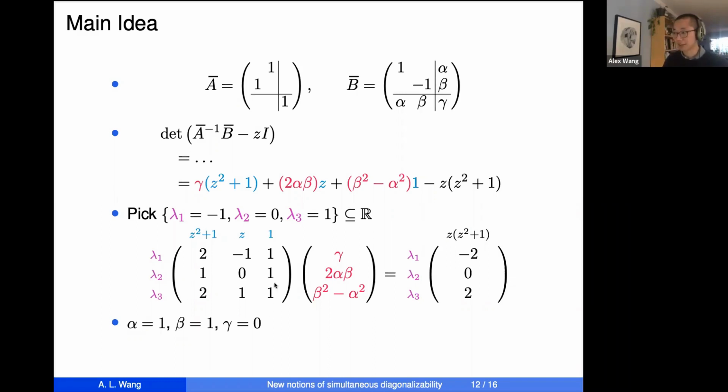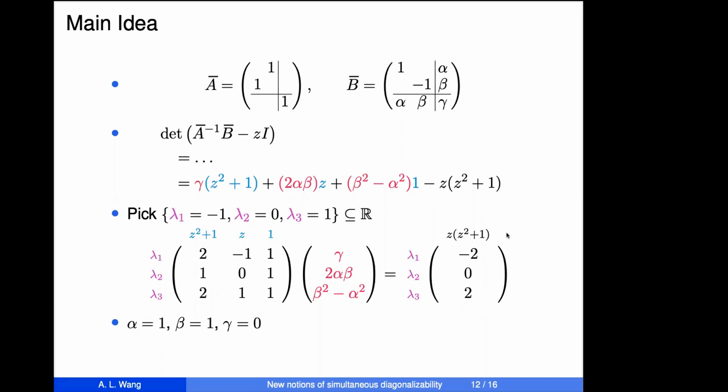This matrix here on the left, I'm indexing by lambda i's. These are the prescribed eigenvalues and these polynomials, and each entry is the evaluation of the blue polynomial at the pink point. Similarly, on the right-hand side, I'm evaluating the polynomial z times z squared plus 1 at the points lambda 1, lambda 2, and lambda 3. Does that answer it? Yes, that answers it. Okay, cool.